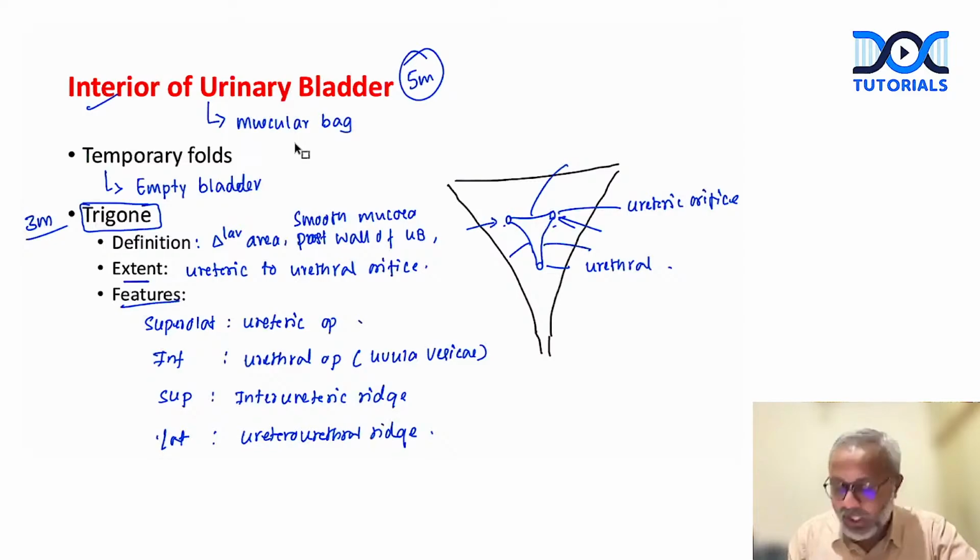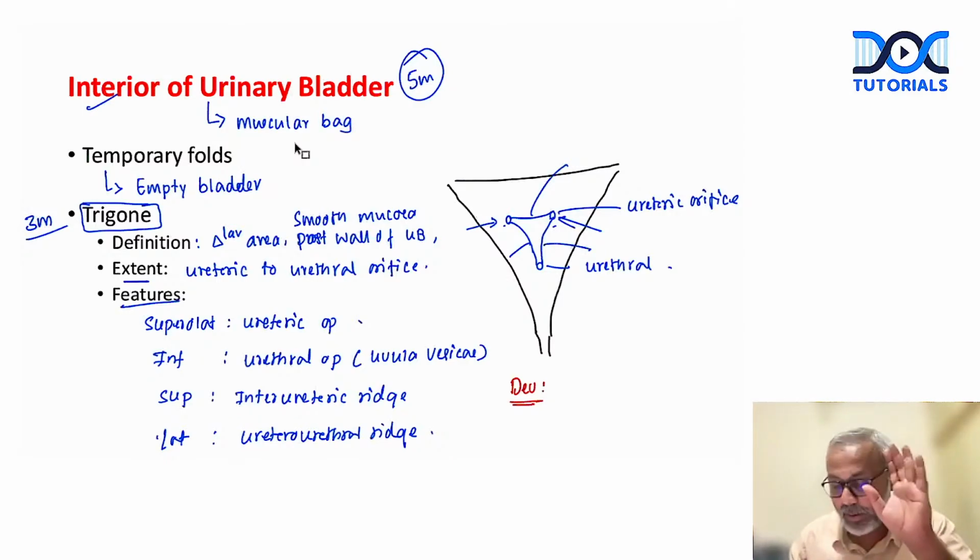So the interureteric ridge that we have, this is called as the Mercier's bar, and then the ureteric ridge is also called as the Bell's bar. These are the mucosal elevations which form the superior and the lateral boundaries of the trigone of the urinary bladder. Are we clear? So this is how we should go on describing the feature of the interior. Once we describe this, we need to end the answer with the developmental importance of the trigone of the urinary bladder.